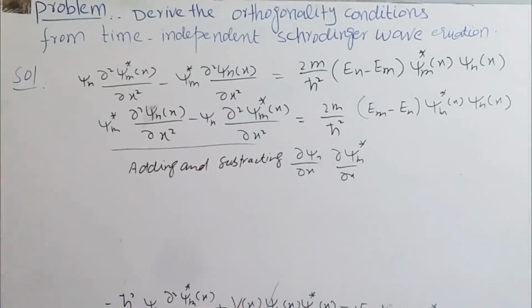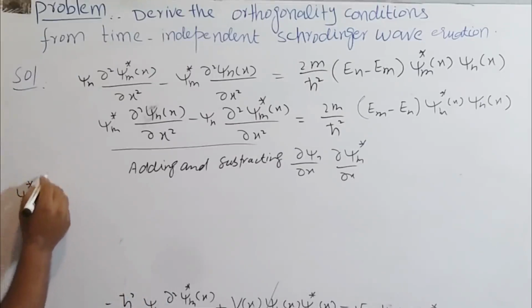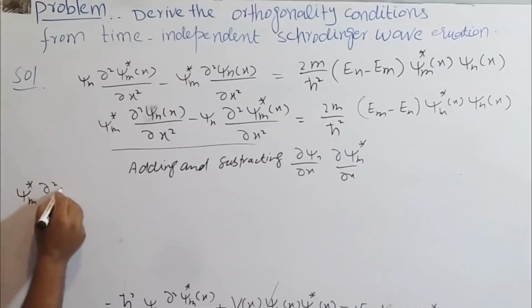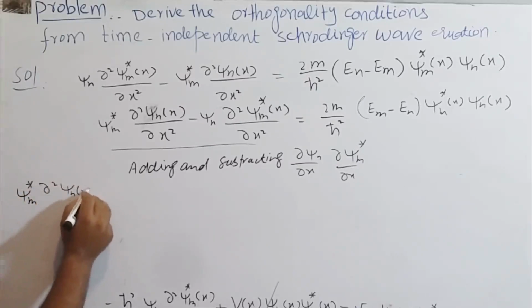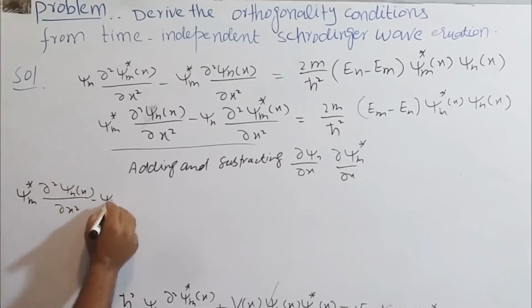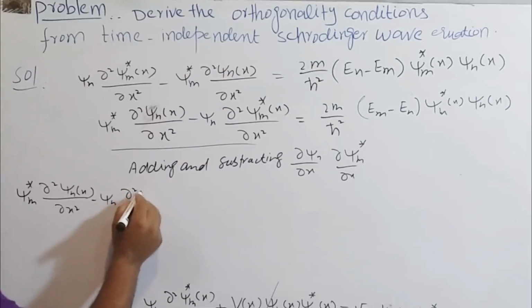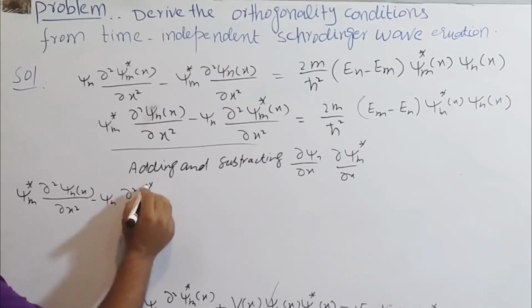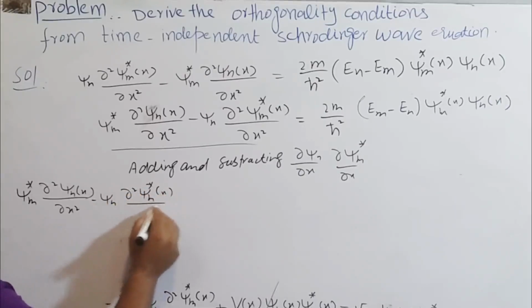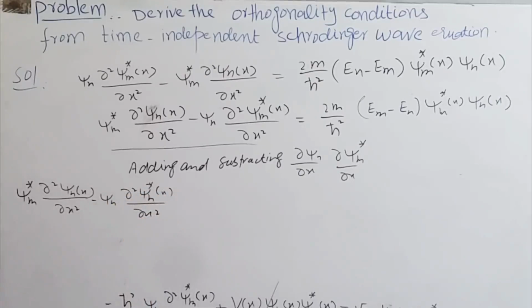Therefore this side will be ψm* ∂²ψn of x divided by ∂x² minus ψn ∂²ψm* of x divided by ∂x².